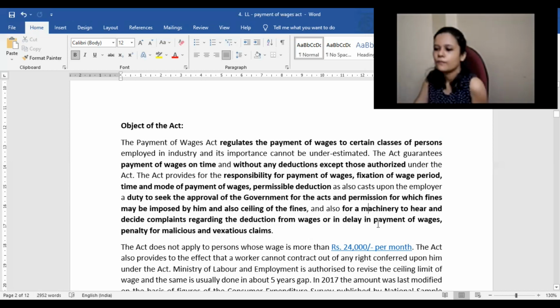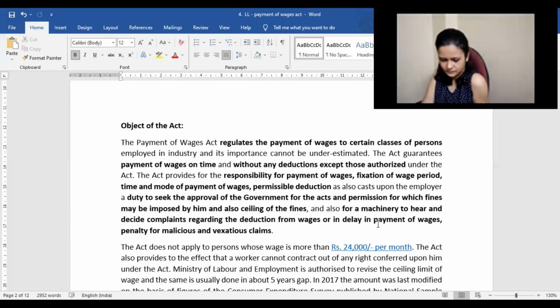Suppose the wages are negotiated through their registered union, then is the Payment of Wages Act not applicable? Negotiated through a trade union, as in? See, most of the companies will be associated with some registered unions, correct?